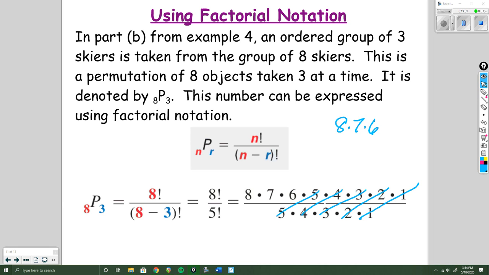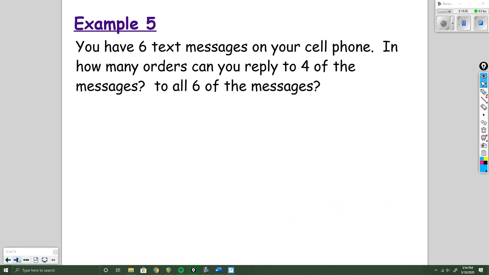All right, so now let's use this. In example 5, you have 6 text messages on your cell phone, and let's figure out how many orders you can reply to 4 of the messages. In this case, we're assuming that order matters, and we're taking 6 objects and finding the number of permutations if we choose 4. So 6P4, of course, we could write it out.